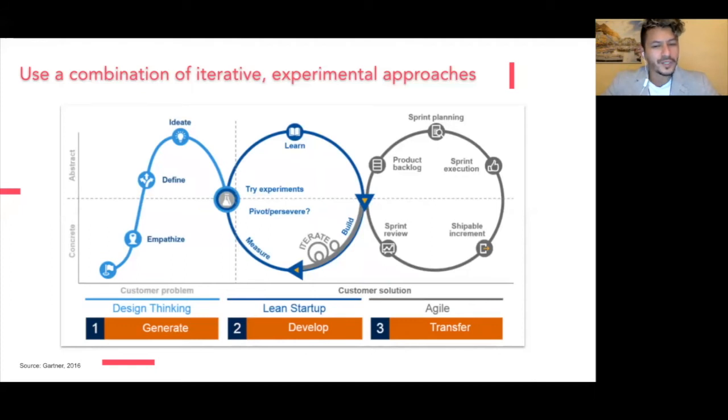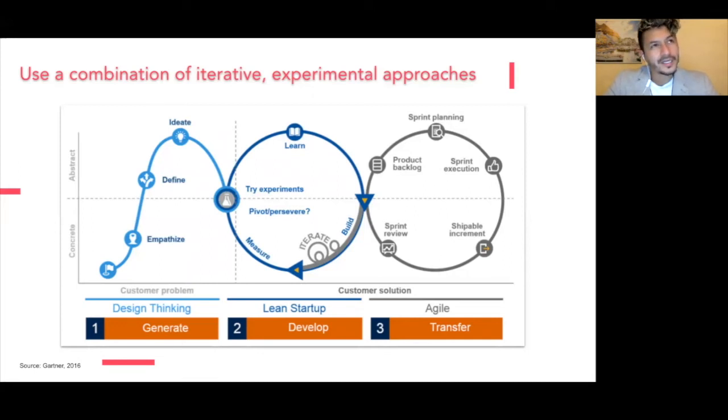Just to give you an overview, design thinking helps you in that phase to identify who the customer is and what problem the customer has. Lean startup combined with agile will help you develop that product and build different versions of it until you find the one that satisfies the user.